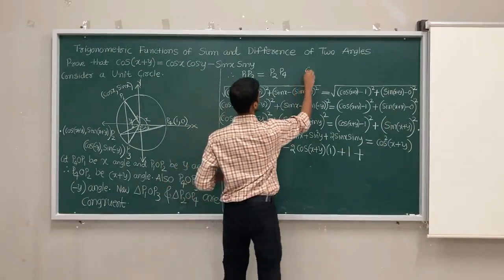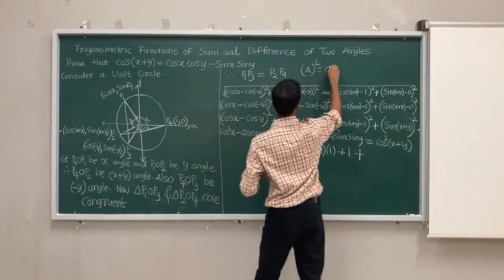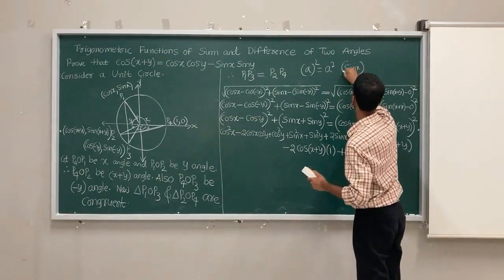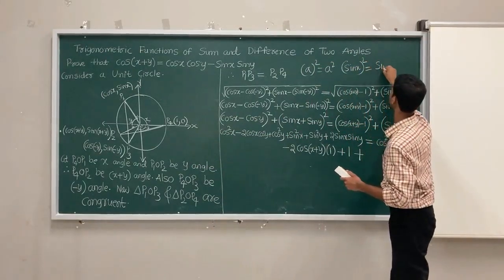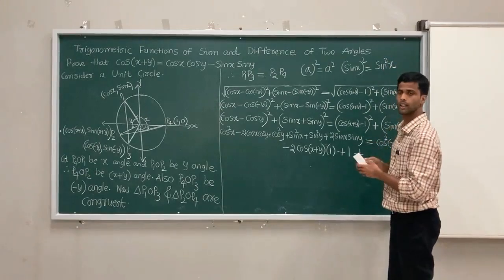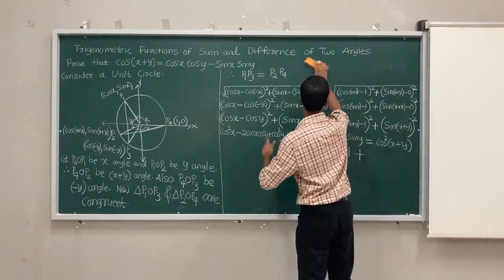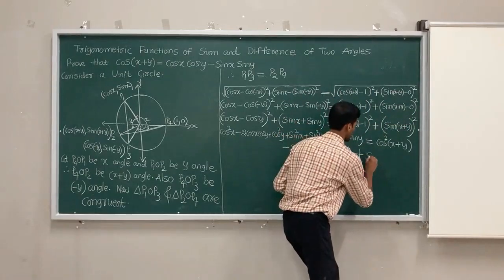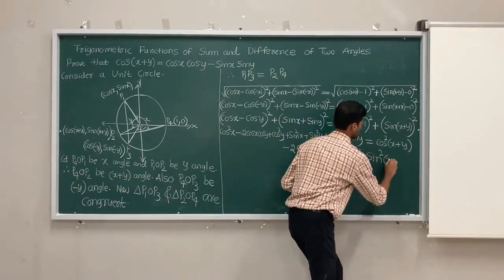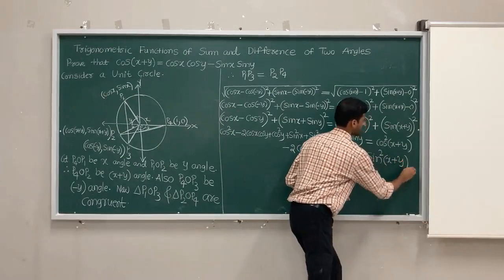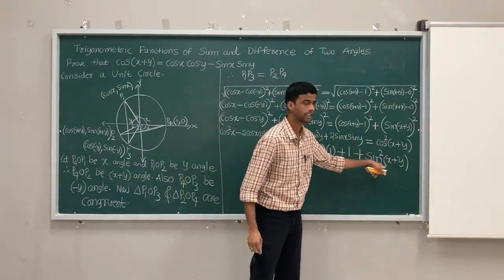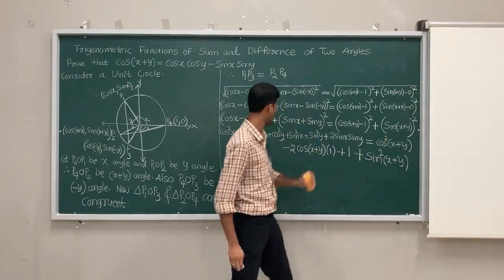What do you mean by a the whole square? A the whole square is a square. Similarly, sin x the whole square is always sin square x. Therefore, sin of x plus y the whole square is nothing but sin square x plus y. Because of less space, I wrote that step here, but you continue with it in your paper.